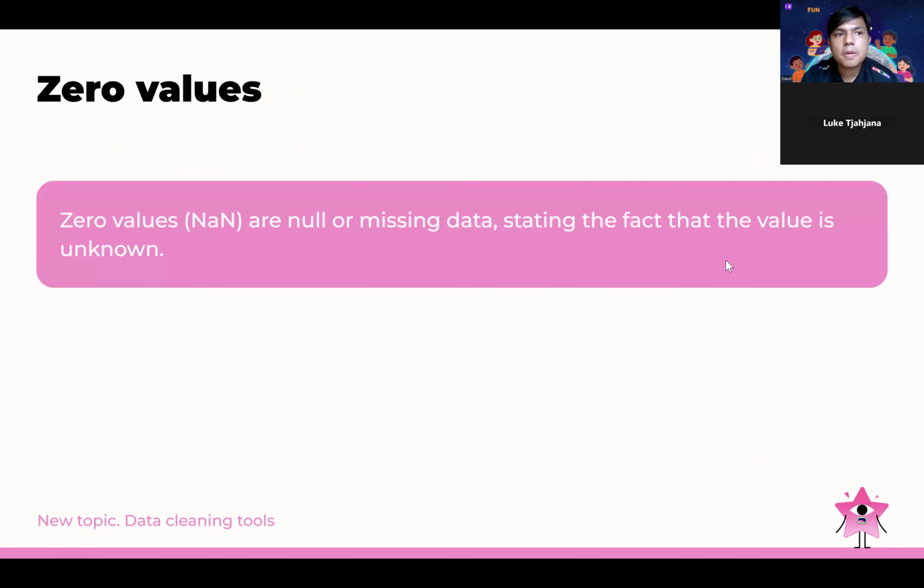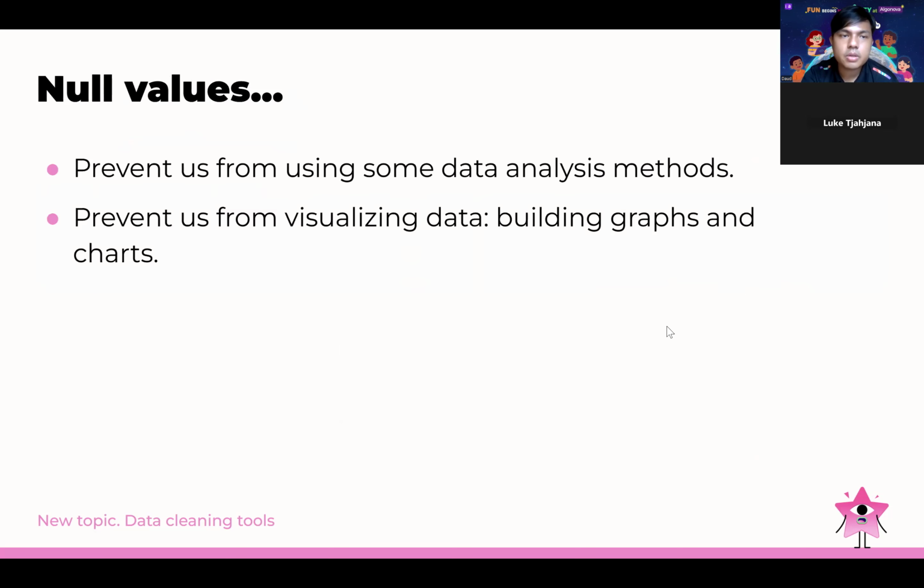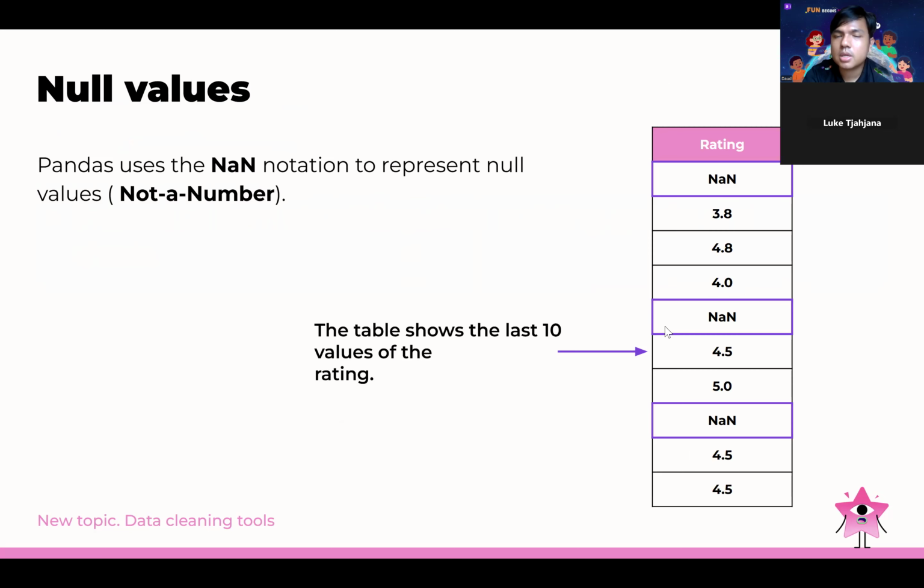The first characteristic of dirty data is null values. Null values are obstacles for our data, because we don't have any idea what the meaning of the data itself will be. Null values are bad for our data set.